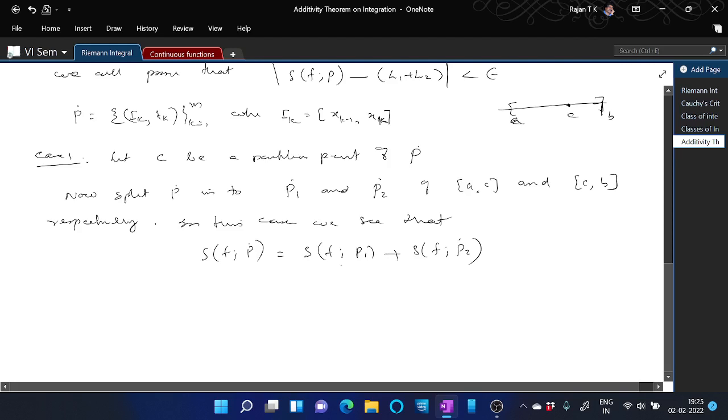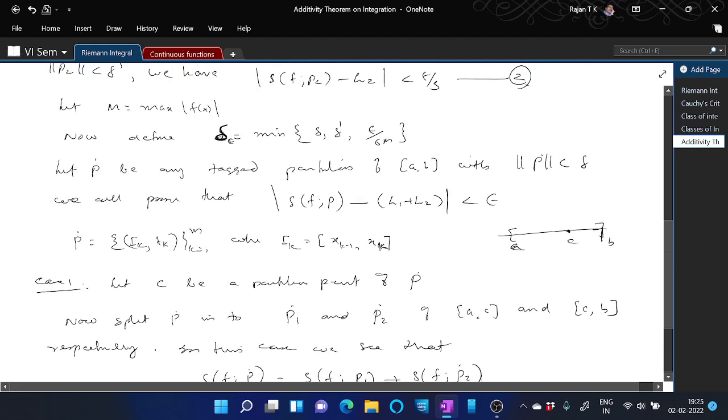And each of P1 and P2 has norm at most that of P. If it is assumed less than delta epsilon, that is less than delta dash or epsilon by 6M, because delta epsilon we have assumed the minimum of delta dash and epsilon by 6M.